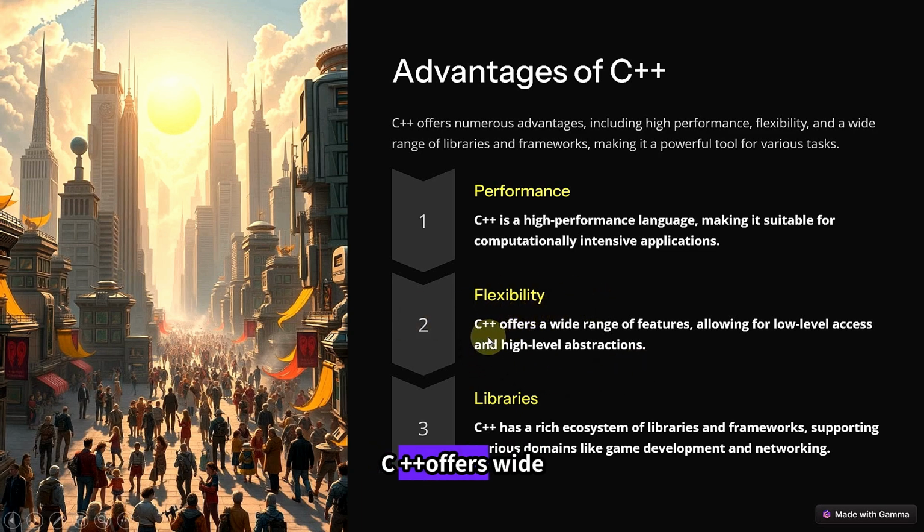C++ offers a wide range of features allowing for low level access and high level abstraction. And the third advantage is that C++ has more libraries compared to C programming language. So these are all the advantages of C++ programming language.